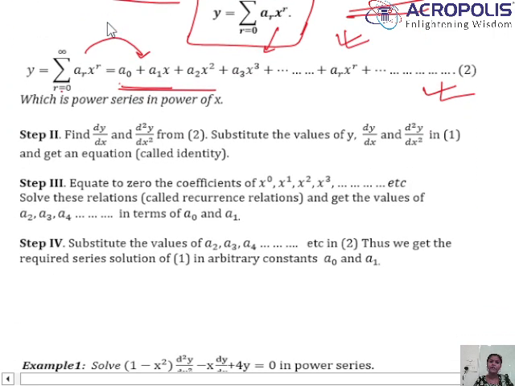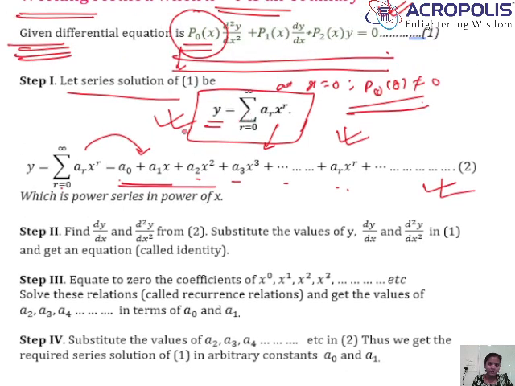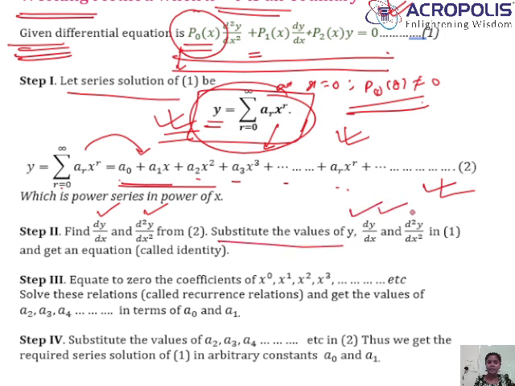Now what do we have to find? We have to find the values of a2, a3 and so on. How will we find them? First of all we consider that this is the solution of the given differential equation. That means the derivative of this term also satisfies the given differential equation, so we find d2y/dx^2 and dy/dx from equation number second and substitute these values of y, dy/dx and d2y/dx^2 in equation number first.